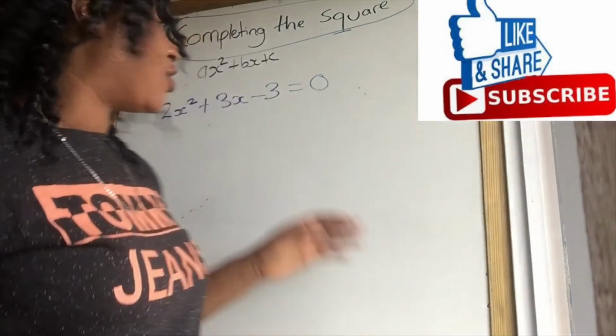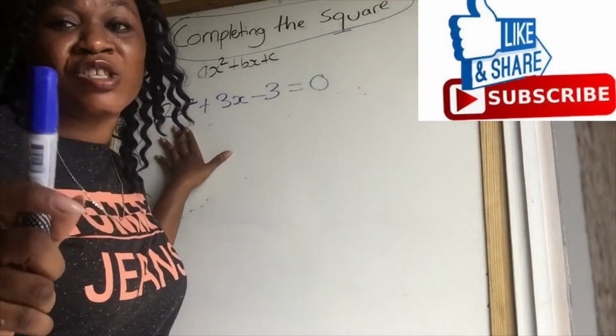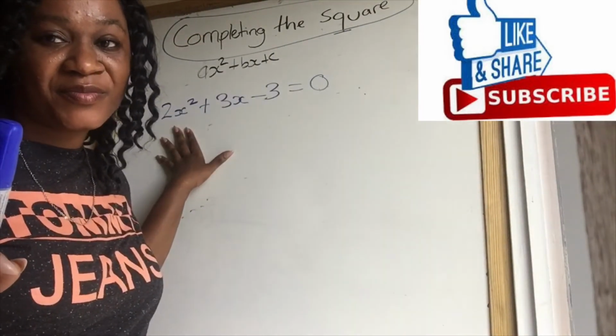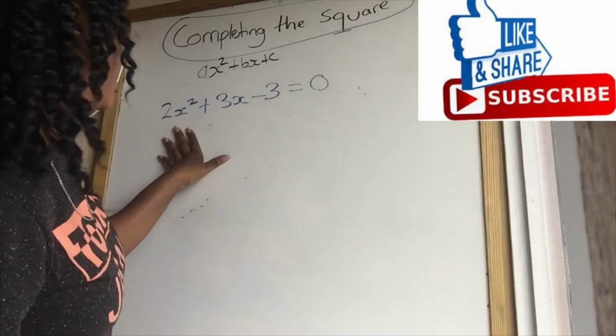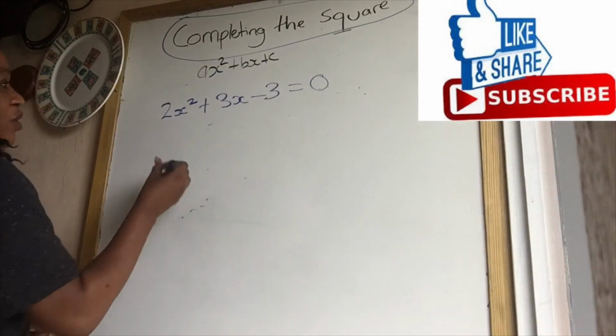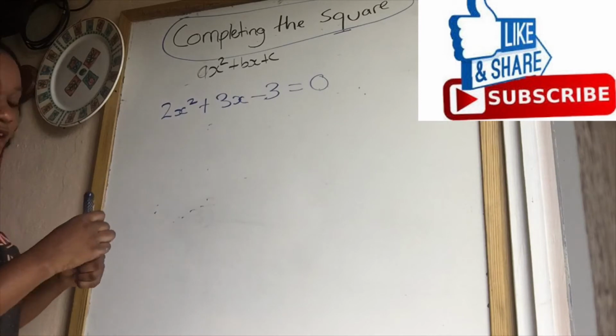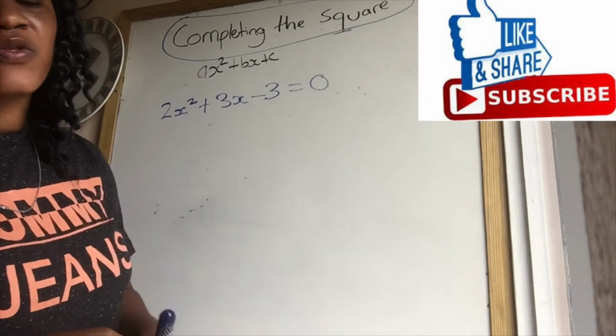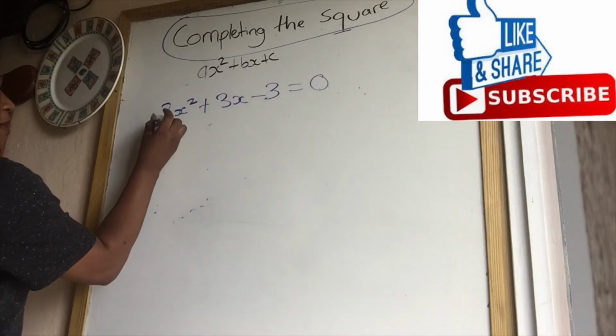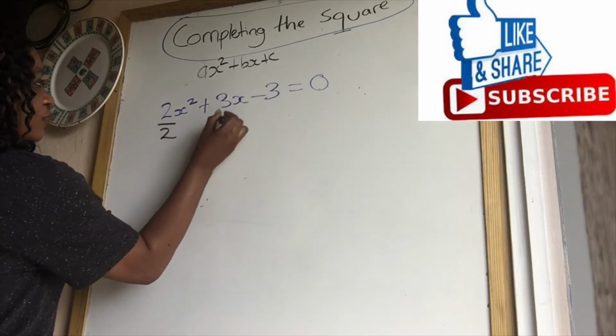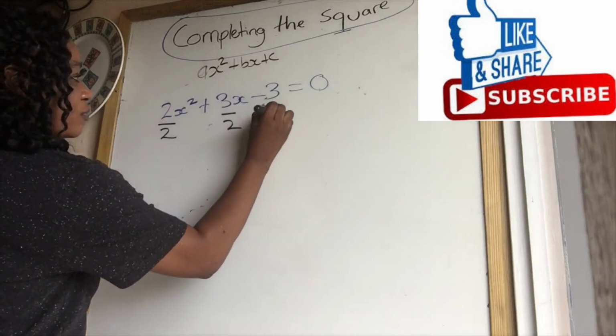Alright, so the coefficient of x squared must be 1. Alright, so look at this. What we can do, we can divide. Alright, we're going to divide through the equation by 2 to get rid of this 2. Alright, so we're dividing by 2.